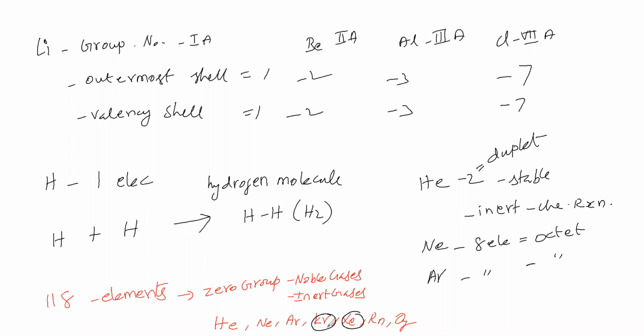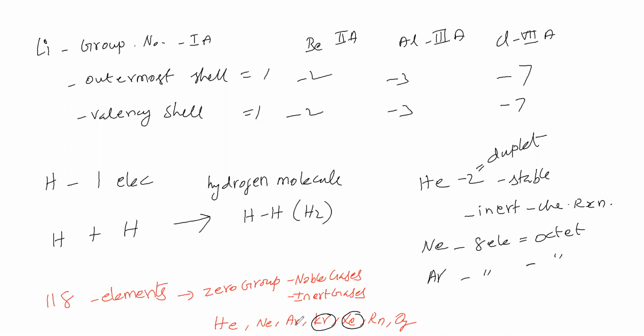Krypton compounds were also discovered. After preparing xenon compounds, how can we say this group is inert? Therefore only this group is called noble gases. Xenon compounds are prepared, krypton also, but helium, neon, argon compounds have not been prepared so far.